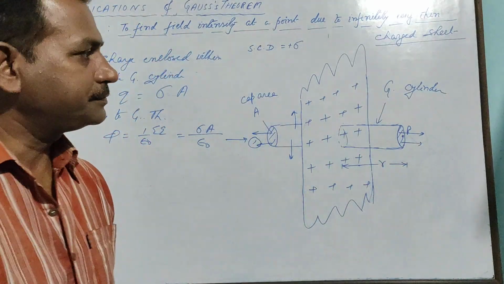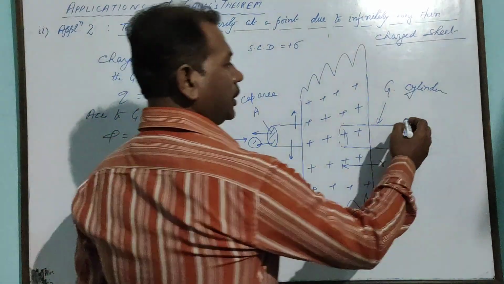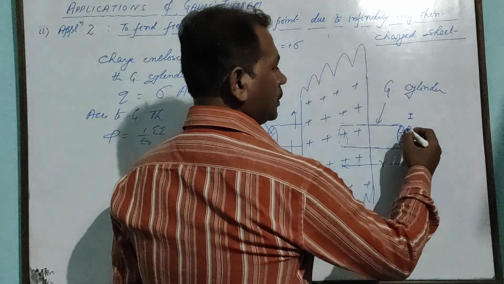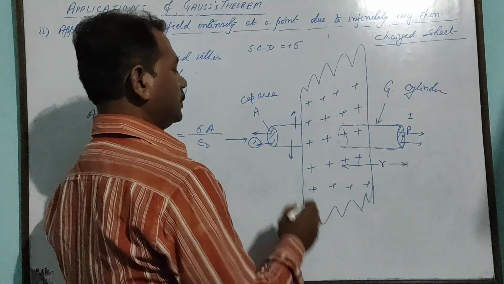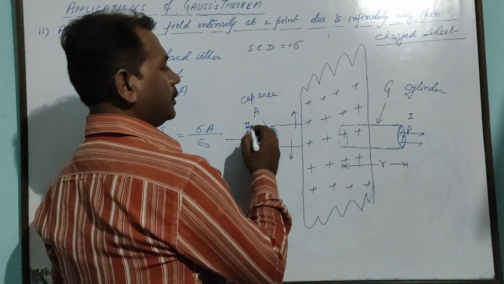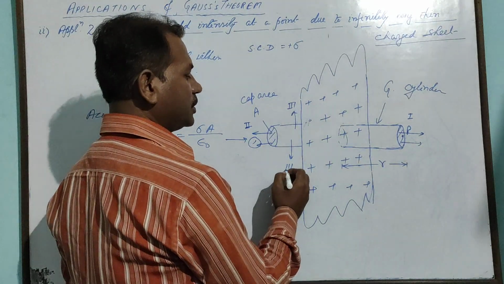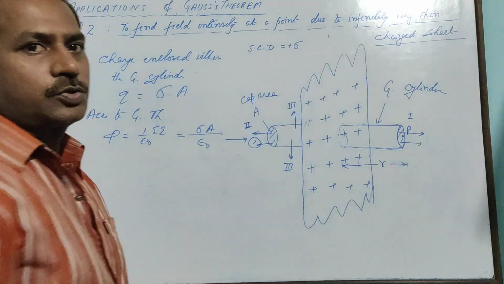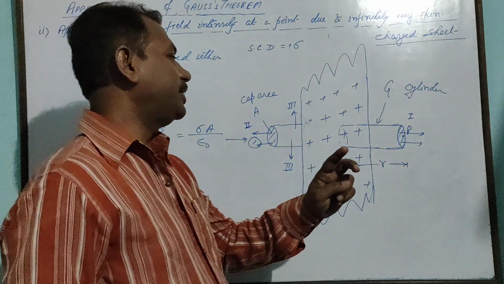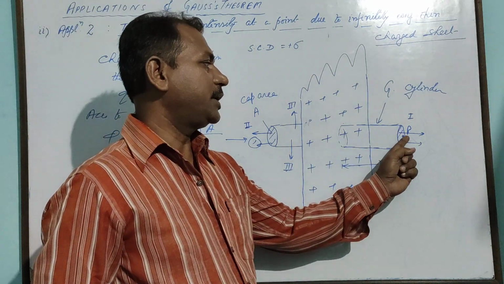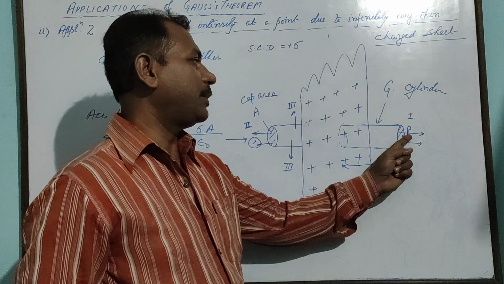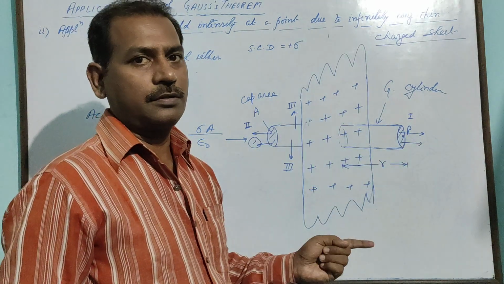Think of it first. I am taking this area as the first zone, this area as the second, and this is the third, this is also the third because it is the curved surface area. So there are types of area: left side cap area, right side cap area, and the curved surface area.